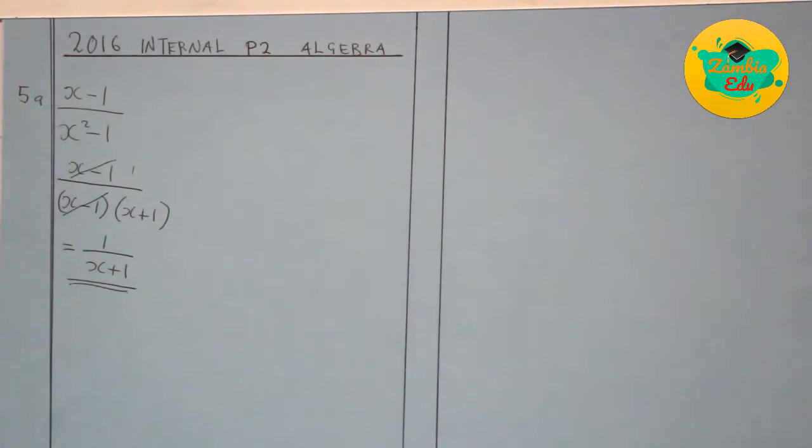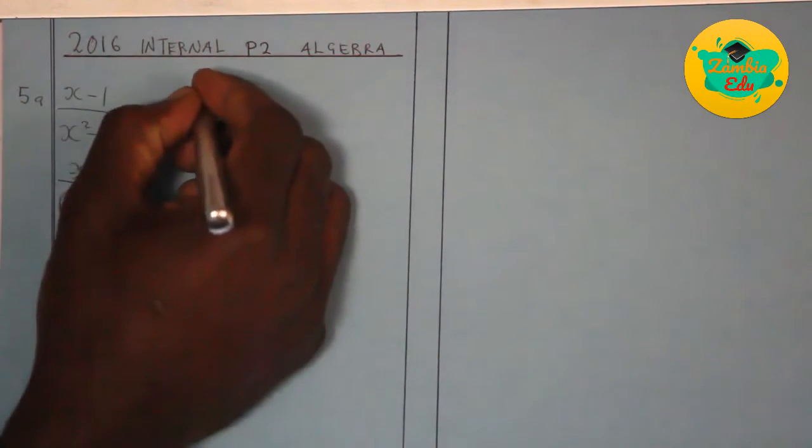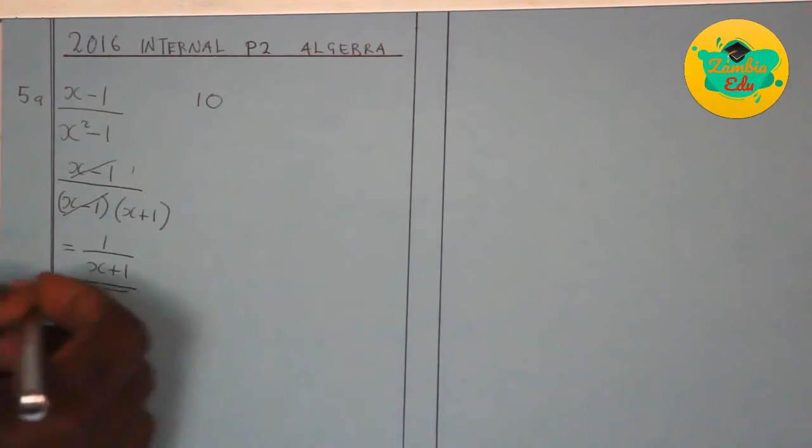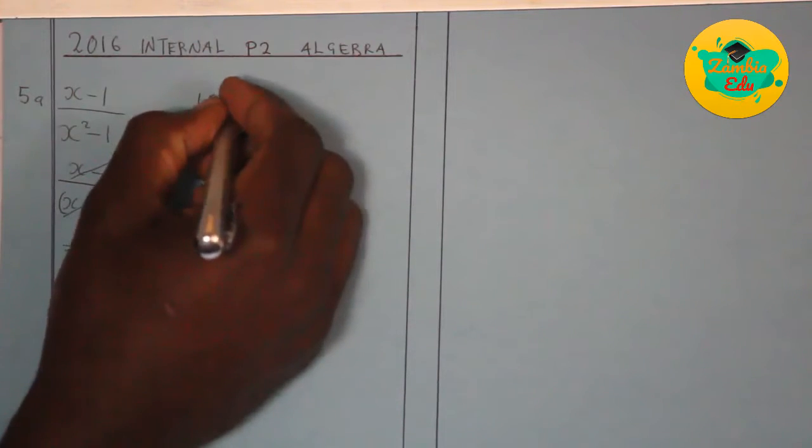So we go and answer our second question in the 2016 internal paper. It said, again, question 10c, simplify 17k squared over 20a squared divided by 51k squared over 5a. So I'm going to solve our question 10c.